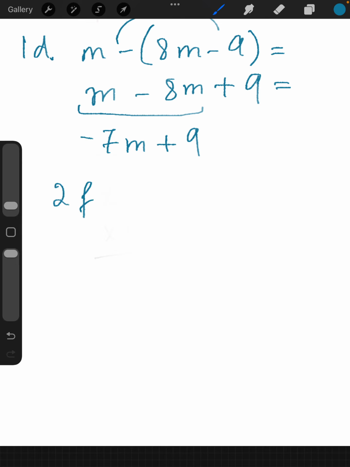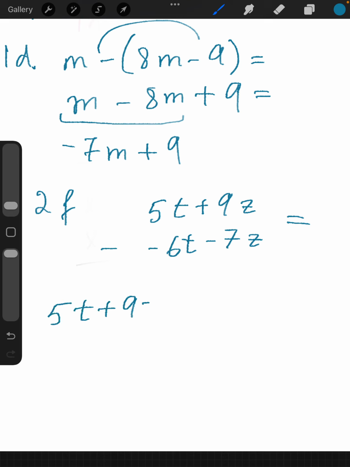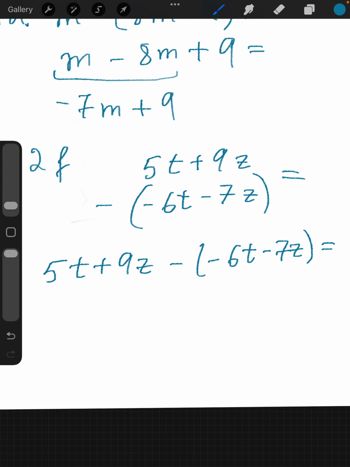I figured the last one would be the most complicated one, just in case you had any confusion about how to do these. So 5t plus 9z minus negative 6t minus 7z. All right, so we can write it out as a linear expression, minus, and then this one goes into parentheses. And then we're simply opening the parentheses here, right?